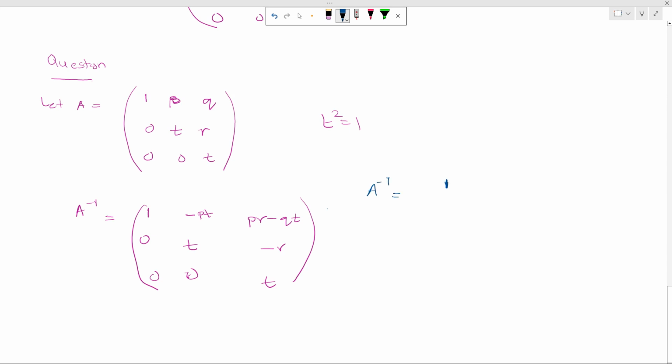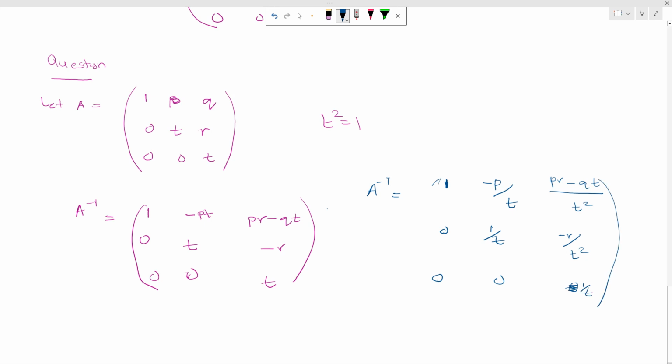The reciprocal of 1 is 1, then this will be minus P divided by 1 times T, then this one will be PR minus QT divided by the entire multiplication of these diagonal entries, which will be T squared, then this will be 0, this will be 1 by T, this will be minus R divided by T squared. Then 0, 0, and this will be 1 by T.